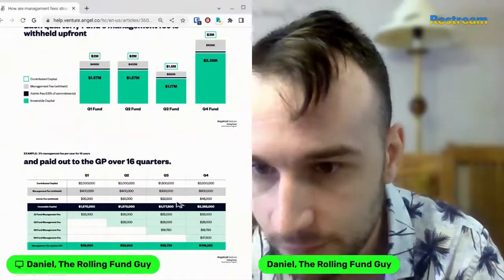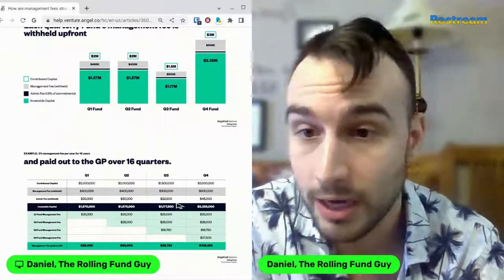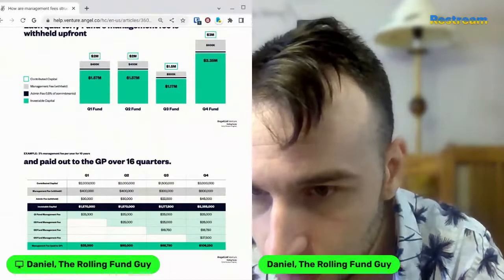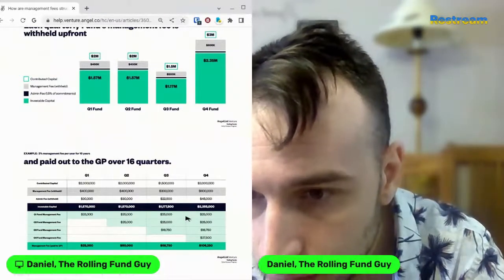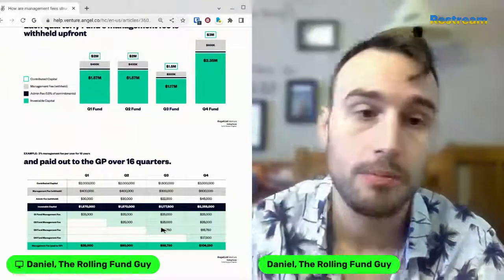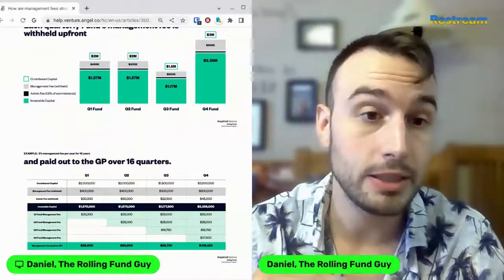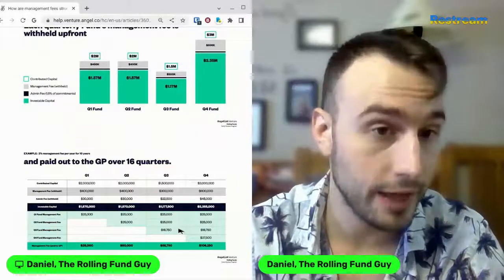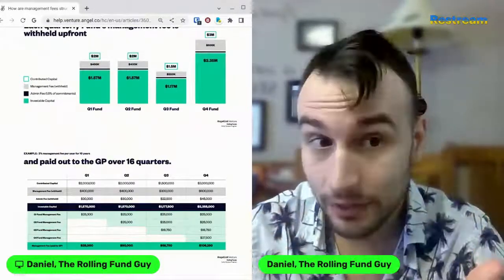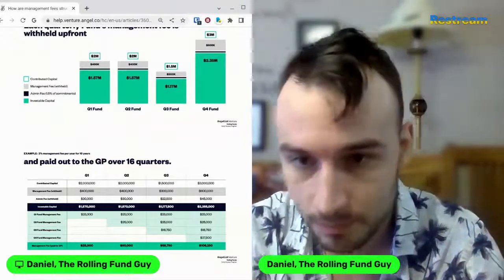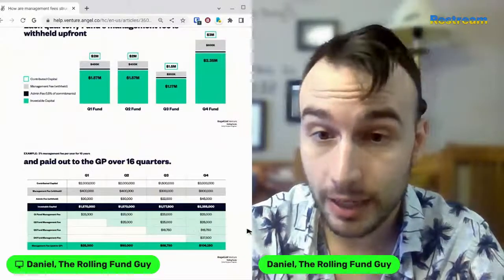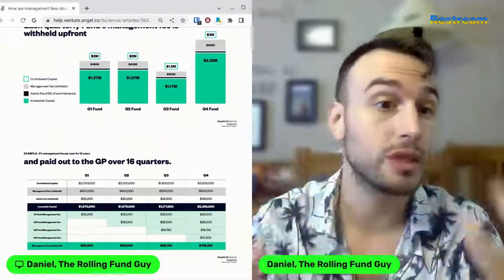Remember that management fee, you had $400K management fee withheld. And then in that first quarter, the GP is getting reimbursed $25K, which is 1/16 of the 10-year management fee, and we'll get that same fee again the next quarter and the next quarter and the next quarter for 16 more quarters.